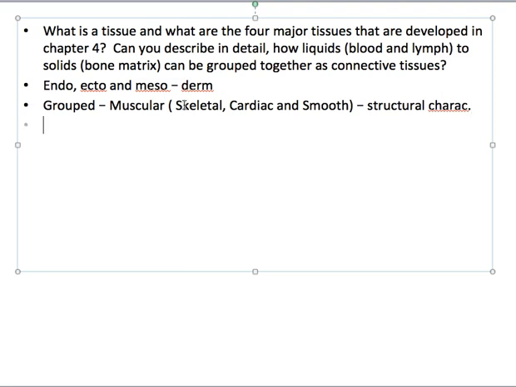Likewise, if we think about epithelia, right, we group that, you can see that we use epithelia for cutaneous or external, and internal structures. And the way we group those together is external require glands that create oils that support their existence.